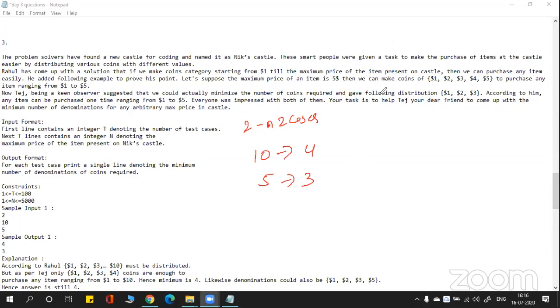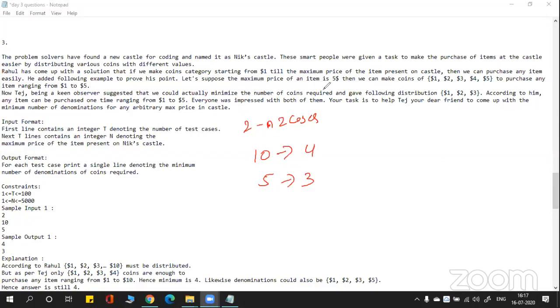What is the idea, or how can we approach this? Whatever coins you take, by using those coins you should be able to get all the numbers. If you want to get 1, you should be able to get 1. If you want 2, 3, 4, 5, 6, 7, the same. Take some number of coins.